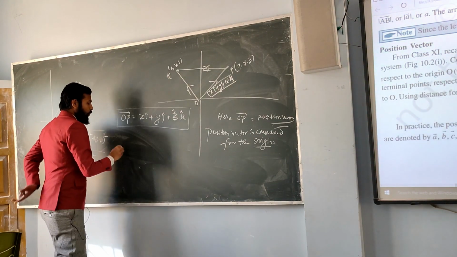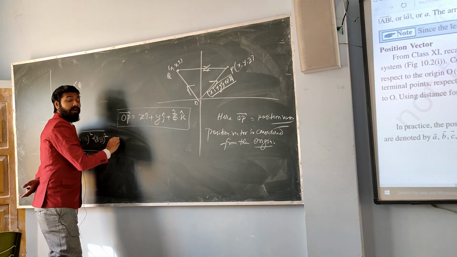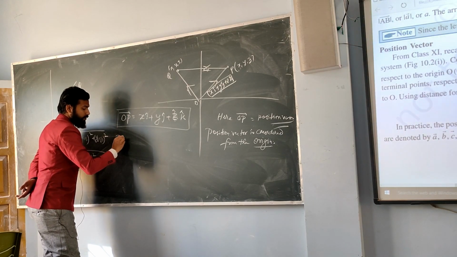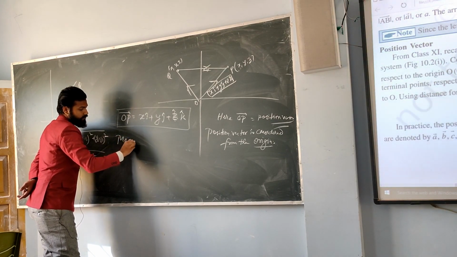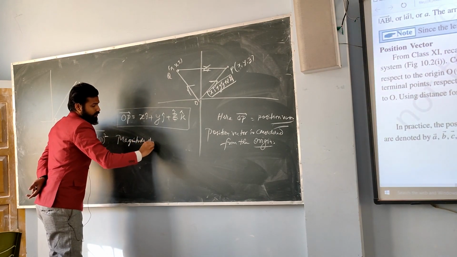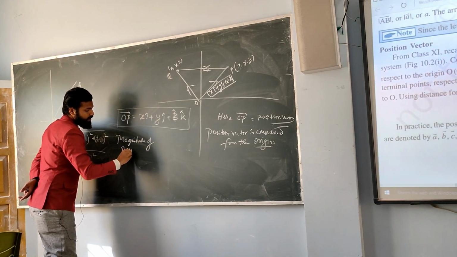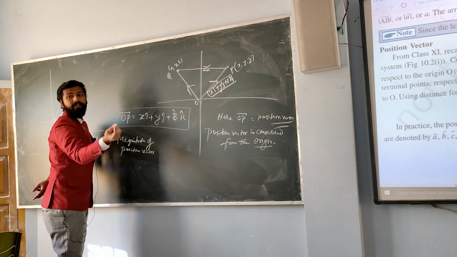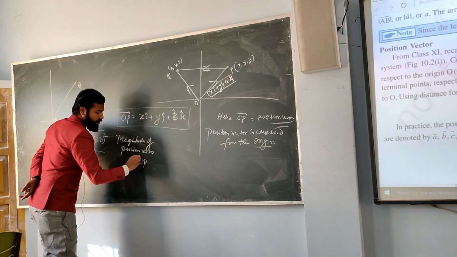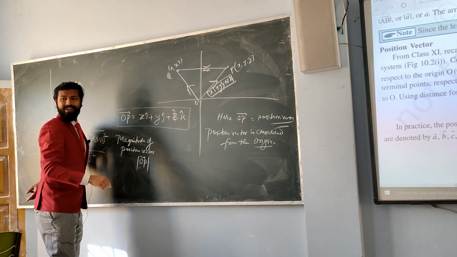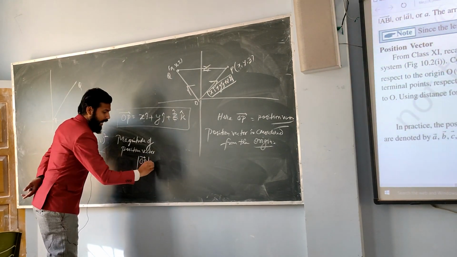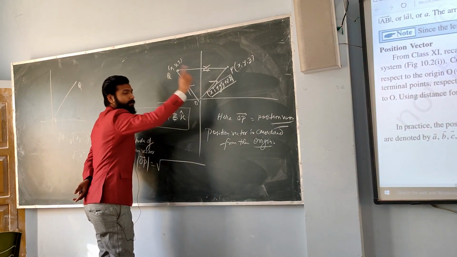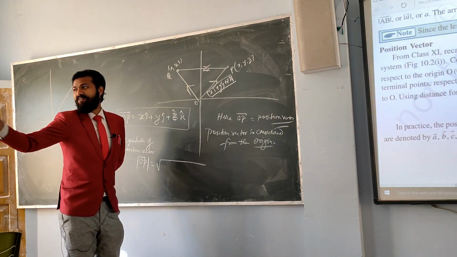So what is the magnitude of the position vector? We represent the magnitude as modulus of OP bar. And we can write it with the help of the distance formula.